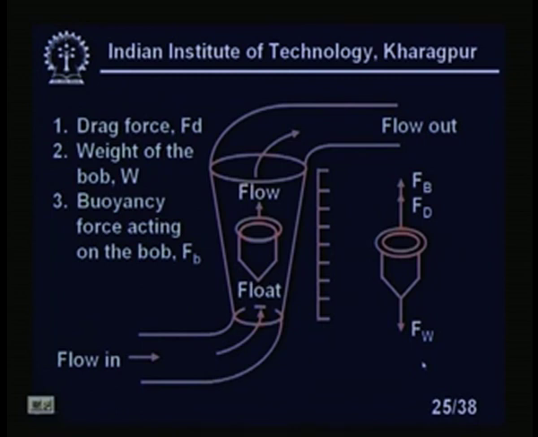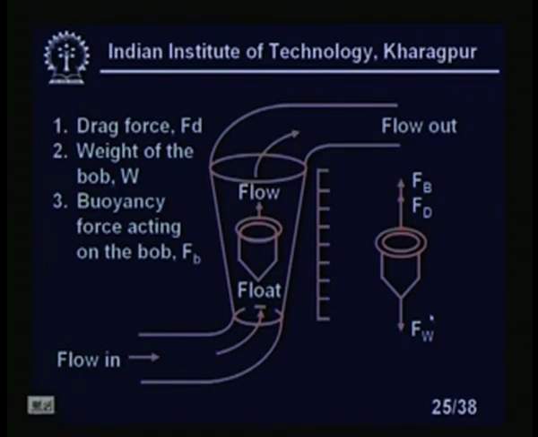So, the rotameter is basically an auto balancing system, because Fw and Fb will remain constant, since that is the weight and the buoyancy of the liquid. If the same type of liquid is flowing through the pipe, it does not matter what the velocity is, the density will remain the same.